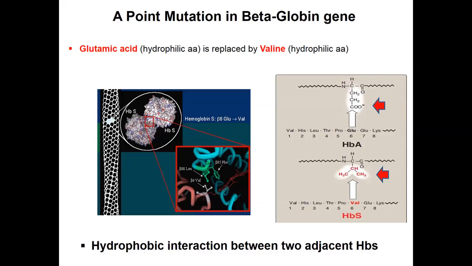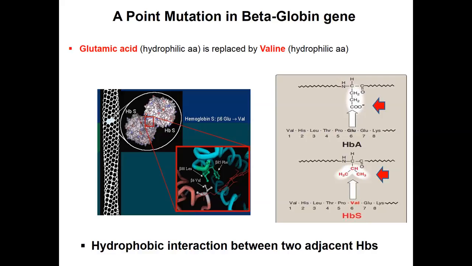So the valine is attracted by this little pocket, and they connect to each other, hiding away, hydrophobic, trying to run away from the water. Because of that single interaction, polymerization occurs, okay?